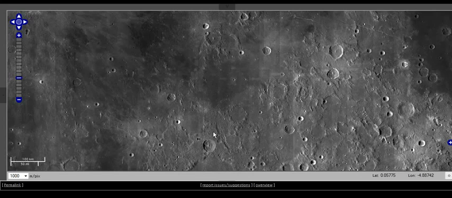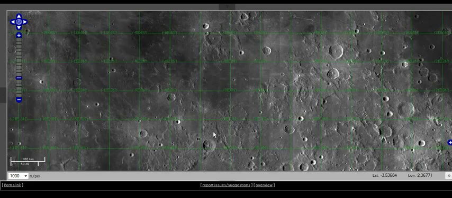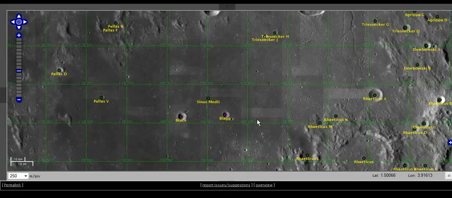So where did I find the shard? Well, I found it in the Lunar Reconnaissance Orbiter images on the LROC browser. And this is the first picture. Here's the grid, and this is the area we're going to focus on. Okay, let's zoom in. We have a resolution of 250 meters per pixel.